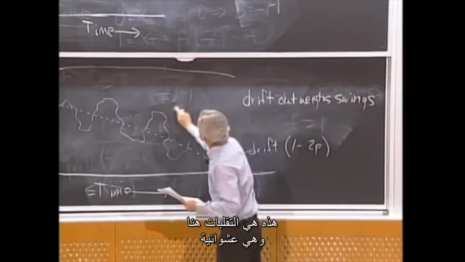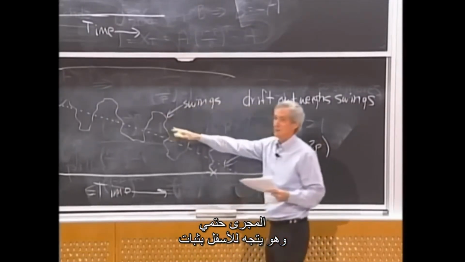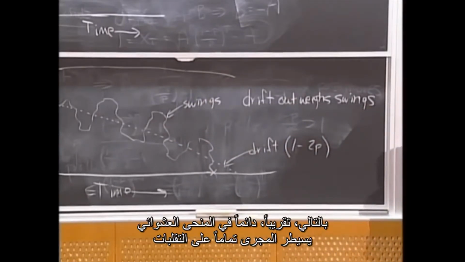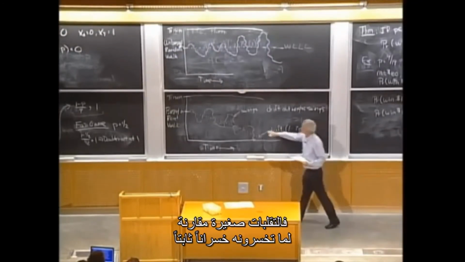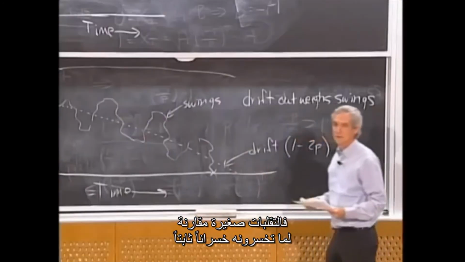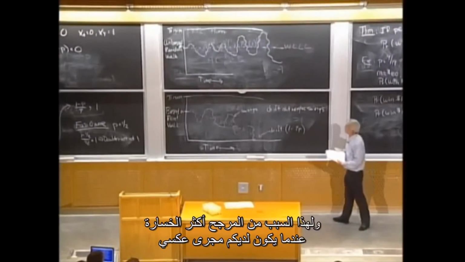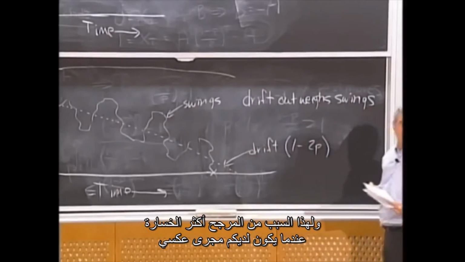These are the swings here, and they're random. The drift is deterministic. It's steadily going down. And so almost always in a random walk, the drift totally takes over the swings. The swings are small compared to what you're losing on a steady basis. All right? And that's why you're so much more likely to lose when you have the drift downward.